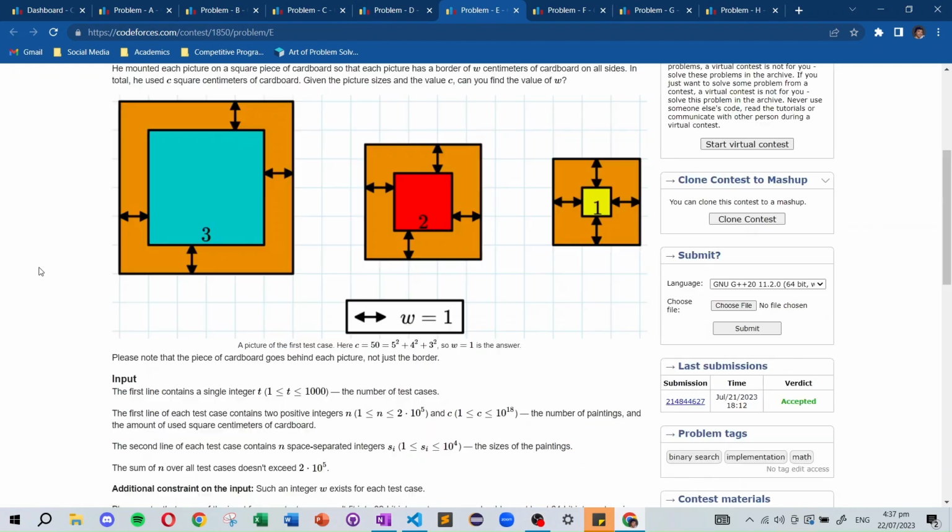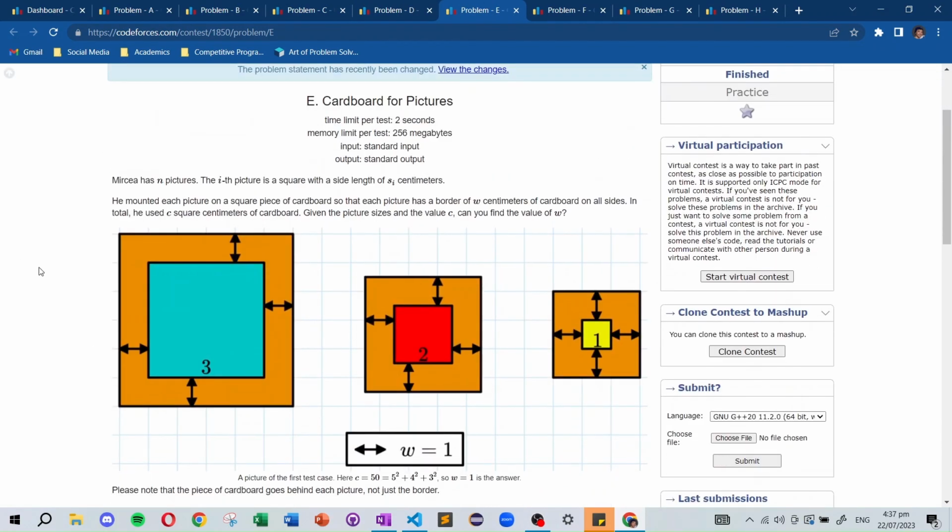And then problem E. Basically, you're given n pictures, and each picture is a square with the side length of s sub i, so for the ith picture. And for each picture, you will be mounting it on a square piece of cardboard such that there is a border of W on all sides of that picture.